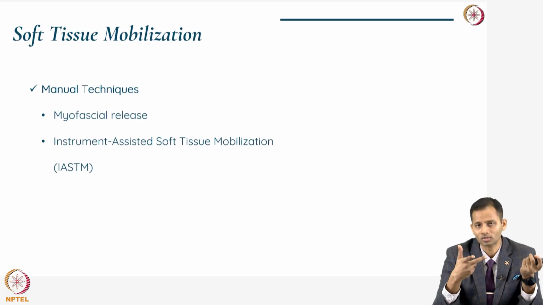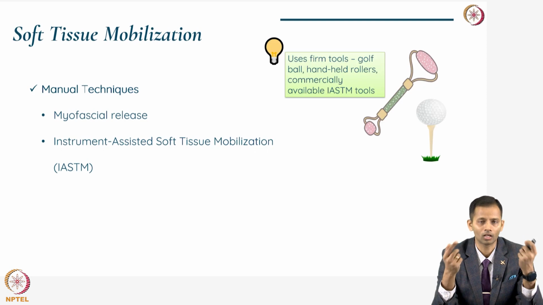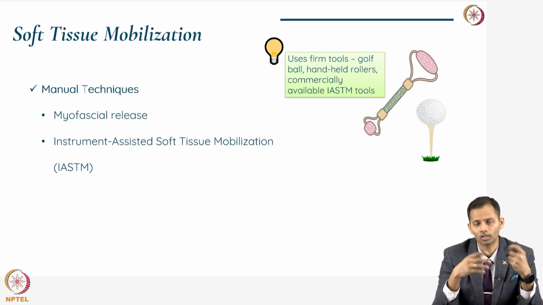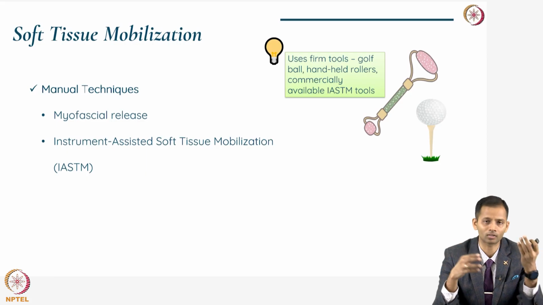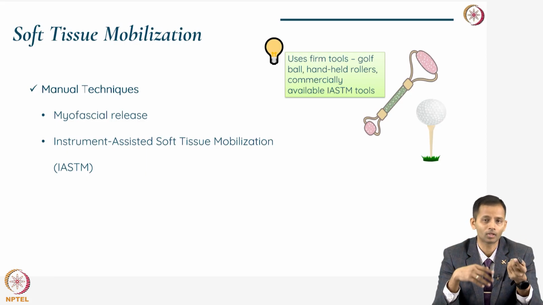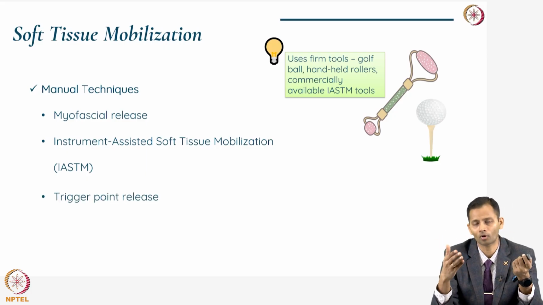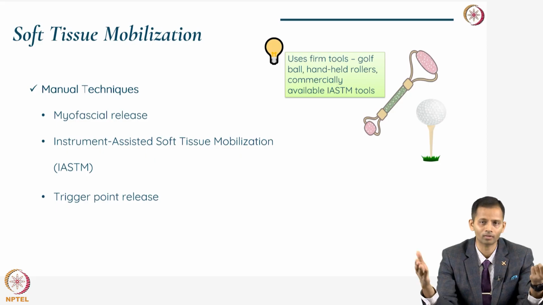When instruments are used, it is called instrument assisted soft tissue mobilization. The tools commonly used are firm in nature. Commonly you can use a golf ball or a roller. You also have commercially designed instruments to practice soft tissue mobilization. Commonly these are used over trigger points or for taut band release.